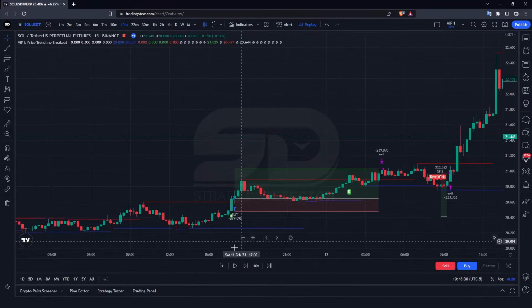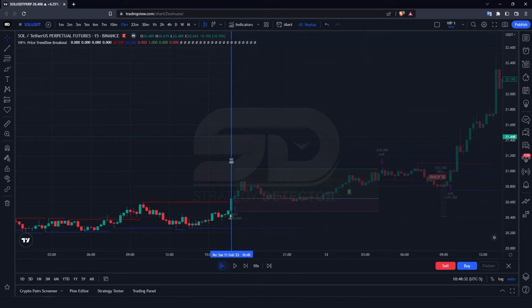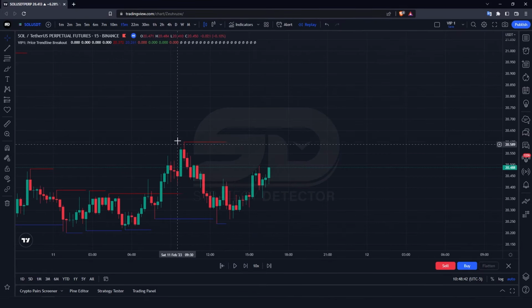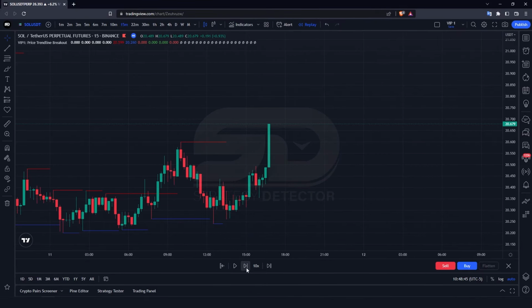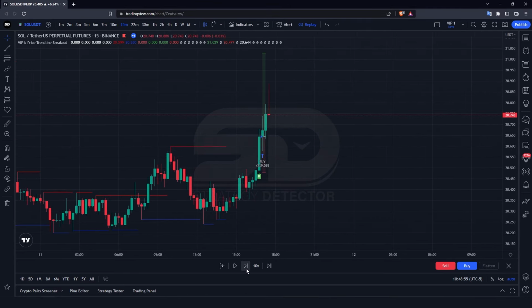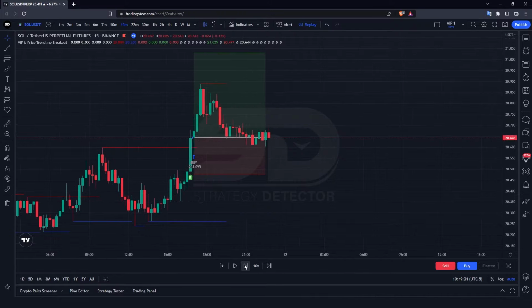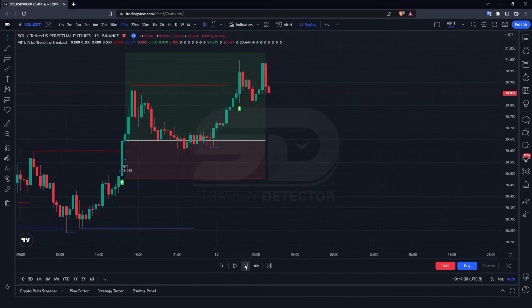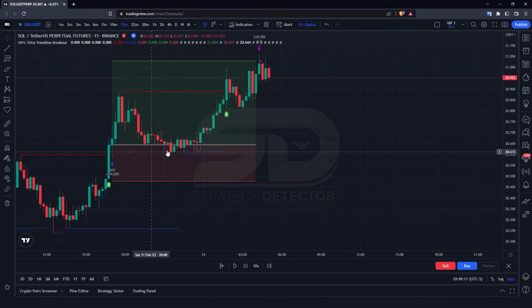If I hit the bar replay tab and return to this part, you can see this line that was a resistance area for us breaks with this candle, and based on this breakout, it took a long position. Here it takes a long position, and now we're going to see how this position will end. Okay, it takes profit and exits the position here.